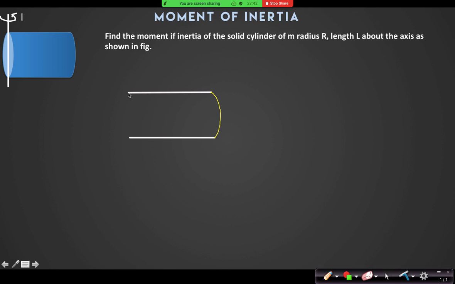Integration is applicable everywhere. So let us assume this to be the solid cylinder, and this is the axis through which I have to find the moment of inertia. I will take a small disk at a distance x from this axis.